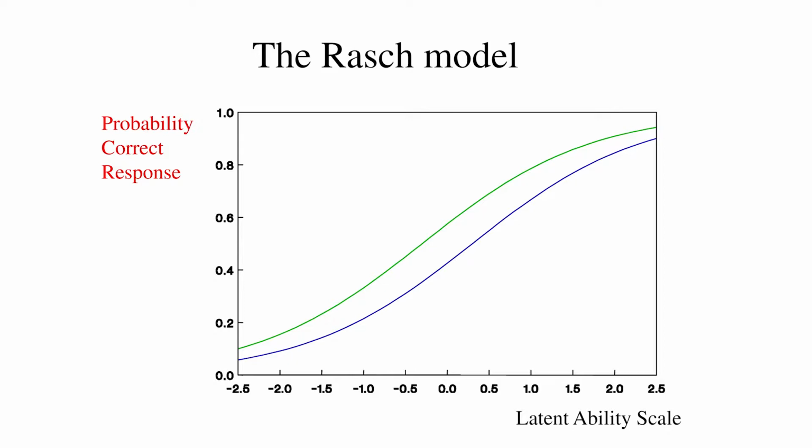And one of the things of the Rasch model is that these curves never cross. So they're always logistic curves which are shifted. They never cross. And that means that everywhere on the latent scale, the order of the probabilities of correct responses remains the same. And that is a property of that model, and that property can be violated. And there we come to the point of model fit.